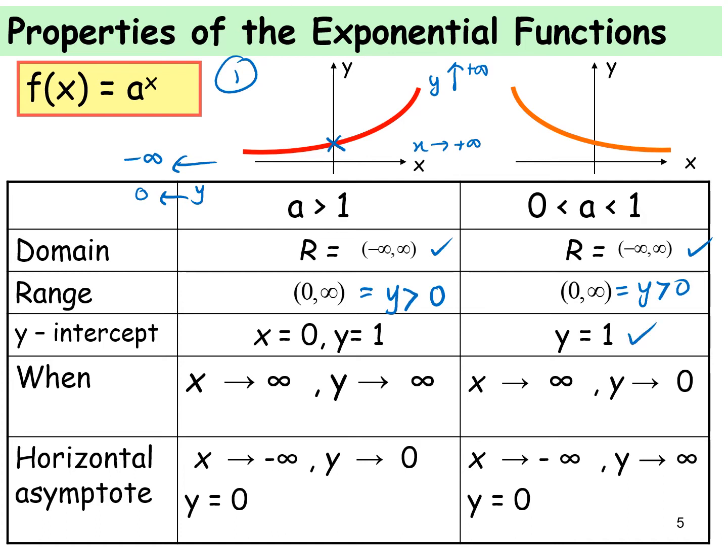But when x goes to positive infinity, y approaches 0. When x goes to negative infinity, at the same time y approaches positive infinity. And y equals 0 is also the horizontal asymptote.